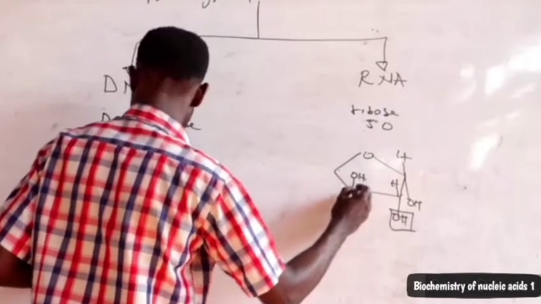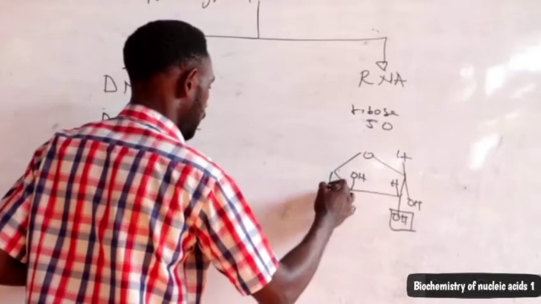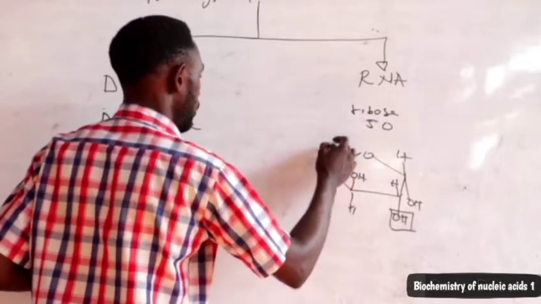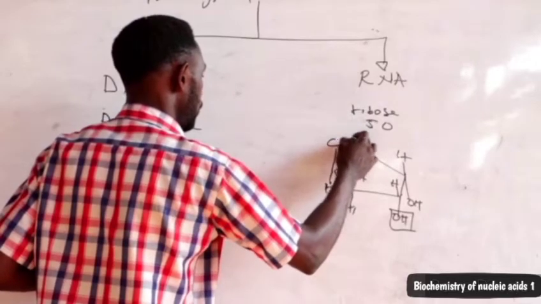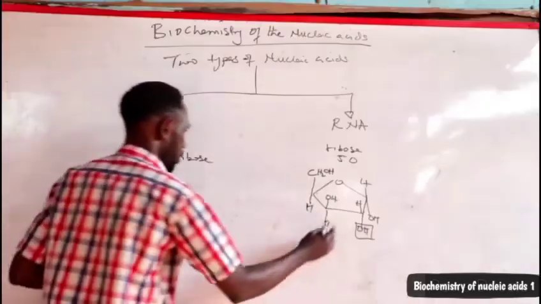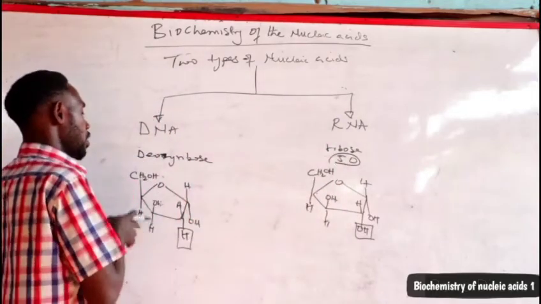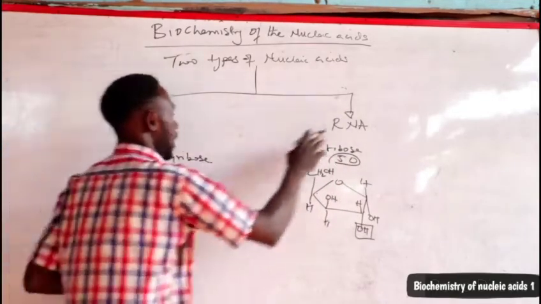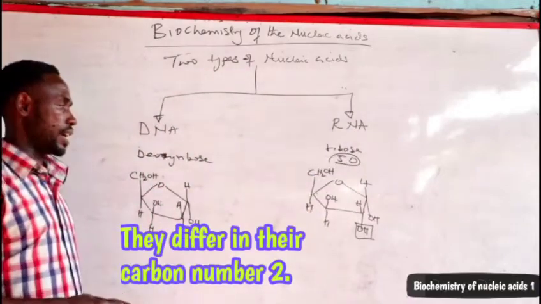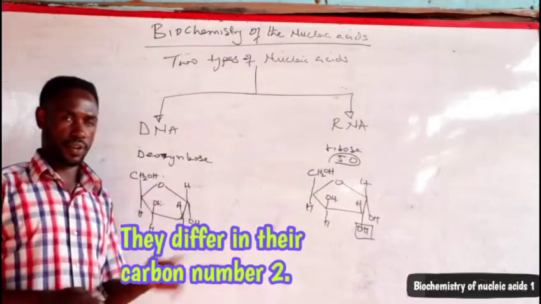Then the same thing exists here, and we have H, then CH2OH. So this one is ribose, with the extra oxygen, and this is deoxyribose. This is the sugar found in DNA, and this is the sugar found in RNA. At least that's one of their differences.